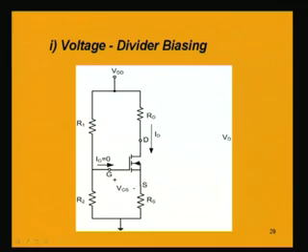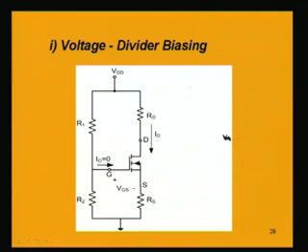Now, let us denote this drain to source current by ID, and here also Ig is equal to 0, the gate current is 0 for the MOSFET. Then we can apply the voltage division principle here. What is the voltage across this R2? That we can immediately write down.